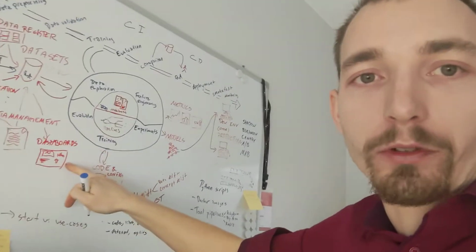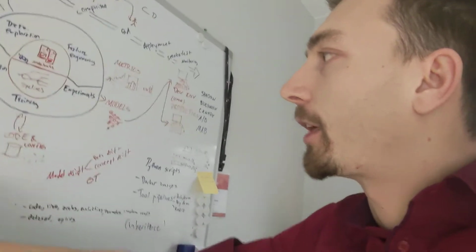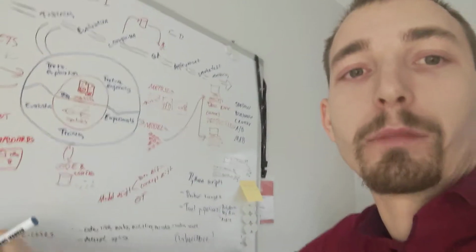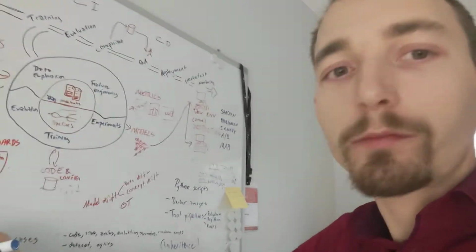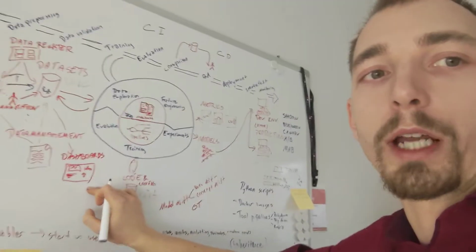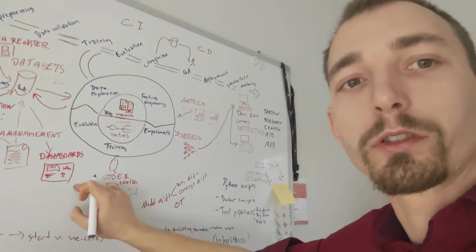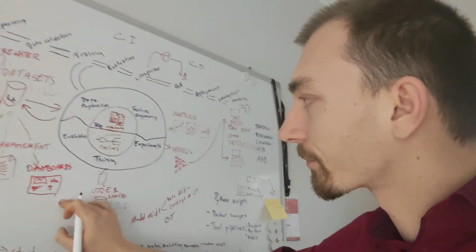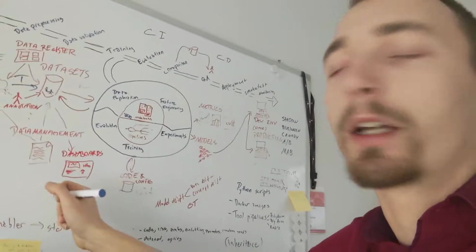Then we have data dashboards. This I would say is mostly for long-term strategical planning. We might want to know on a high level what kind of data do we have in our data set, so we know how to direct our efforts to collect new data. So this could, for example, be distributions of data.